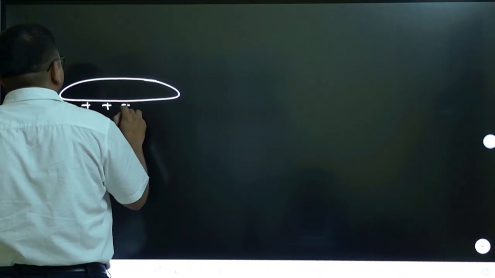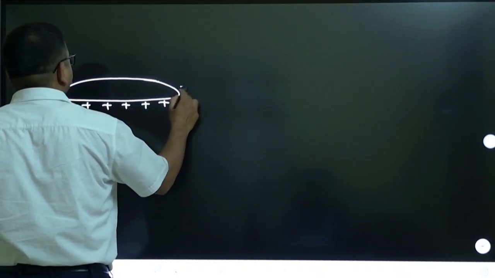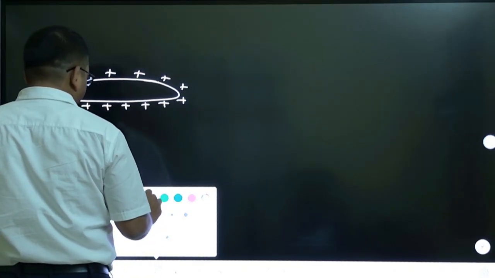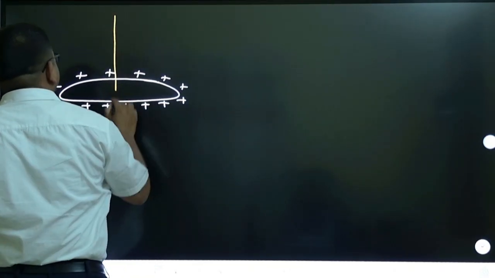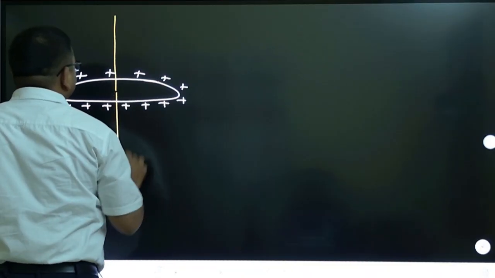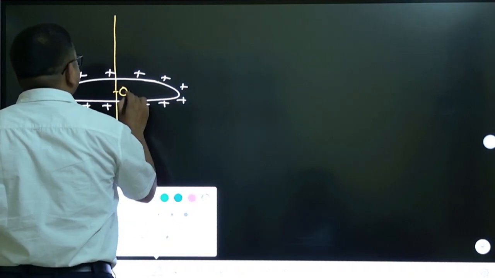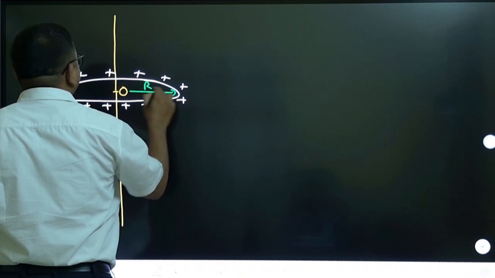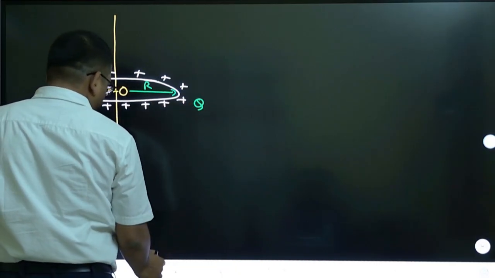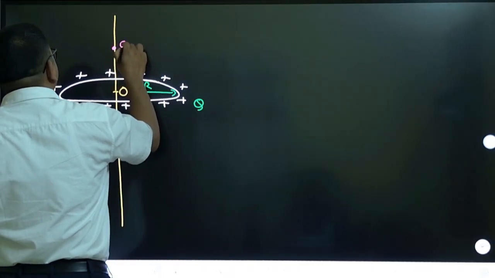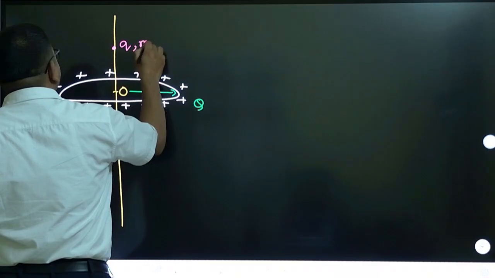This question is given like this, and this is the axis, this is the origin, the center, this is radius r, and the total charge is Q. They are saying that there is a particle of small q and its mass is m.